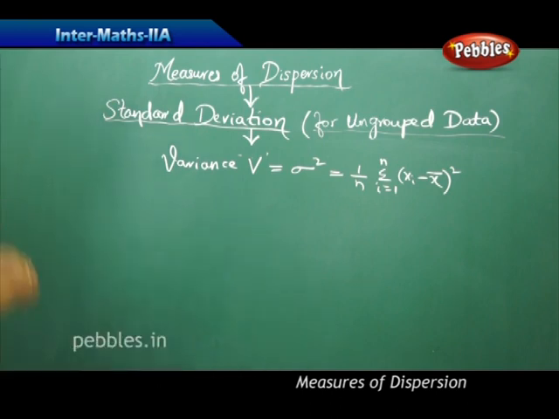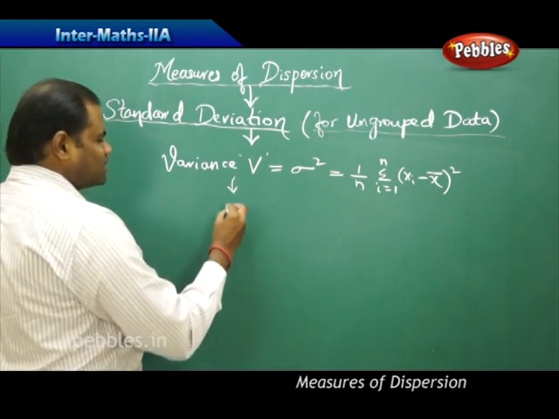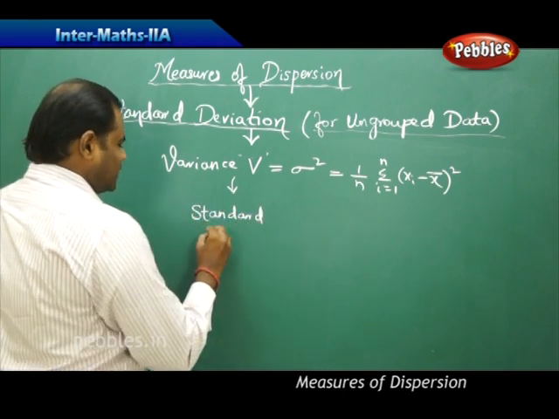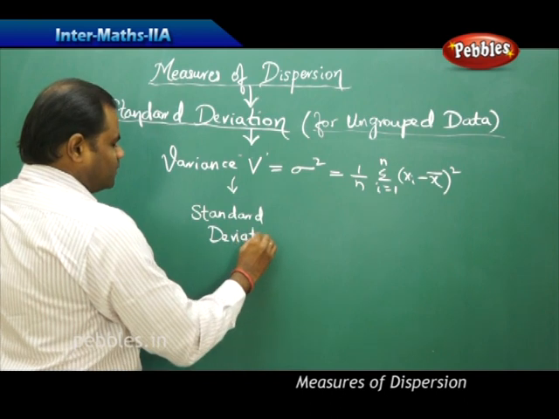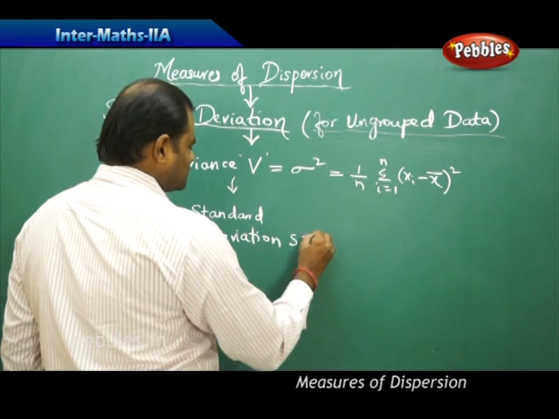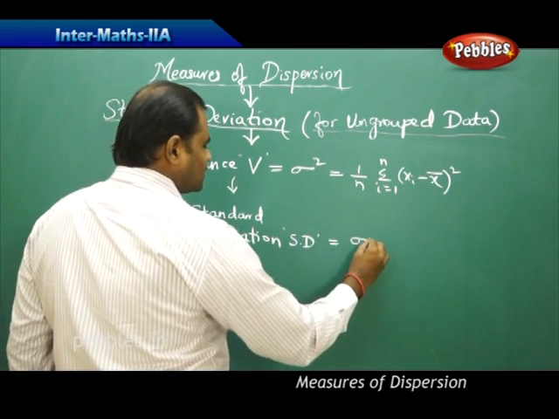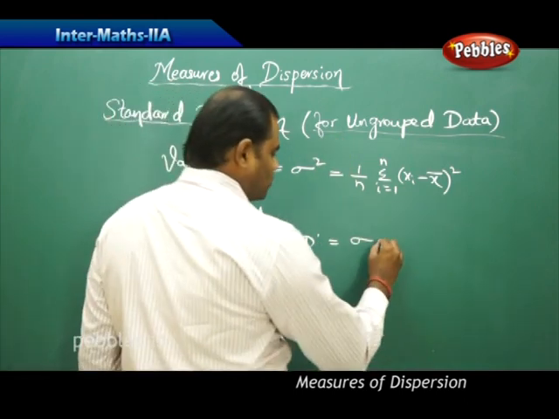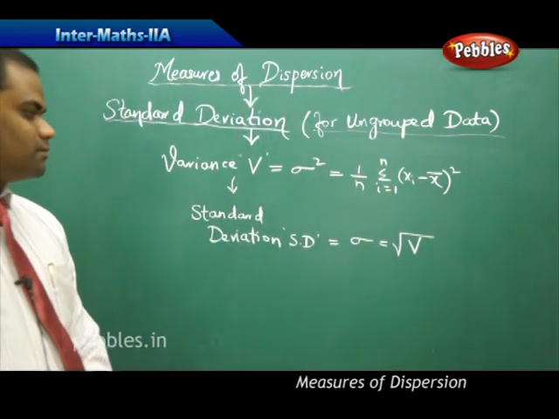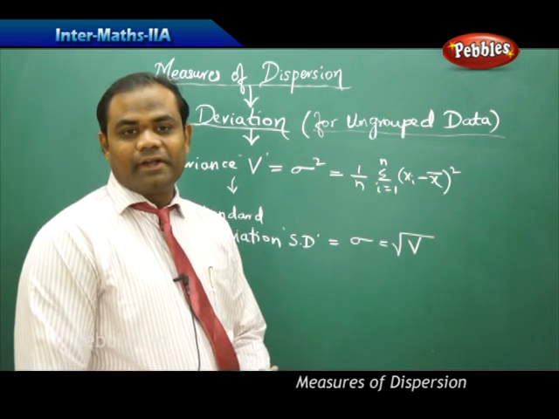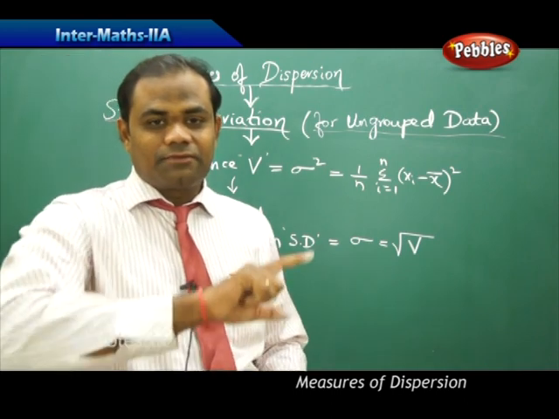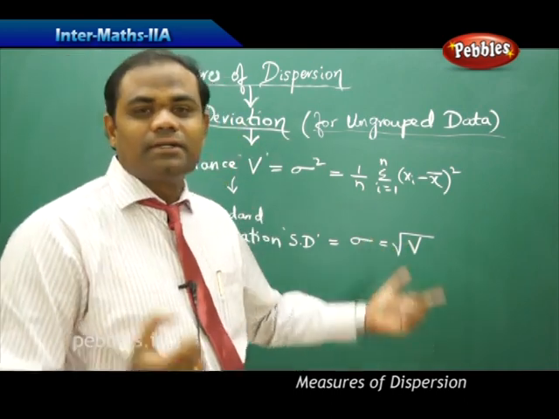From this, the standard deviation, denoted by SD, is given by sigma, that is the square root of variance. It's very simple. It is defined as the positive square root of variance. So when I say standard deviation, I need to find variance and just find the square root of that variance. I get the standard deviation.